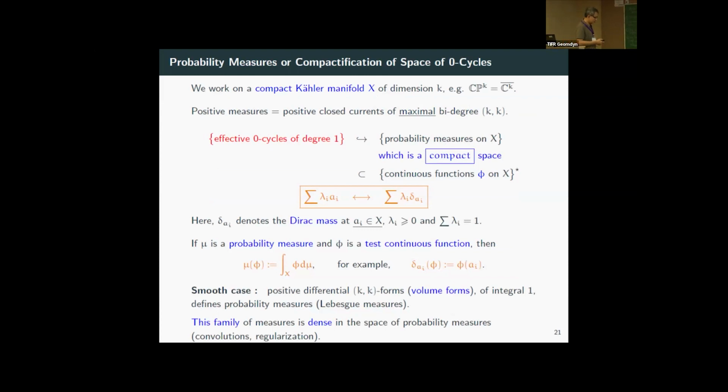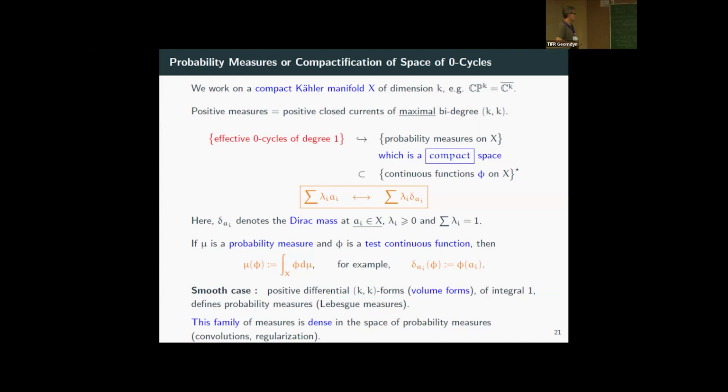Okay, so a little more about the definition of positive closed currents. We go back to the case of probability measures. For simplicity, we work on a compact Kähler manifold.